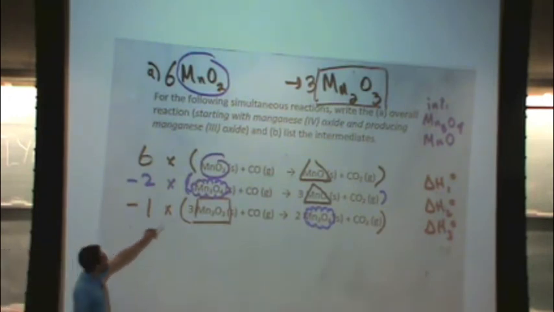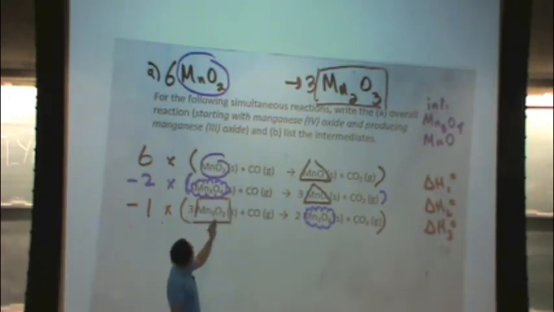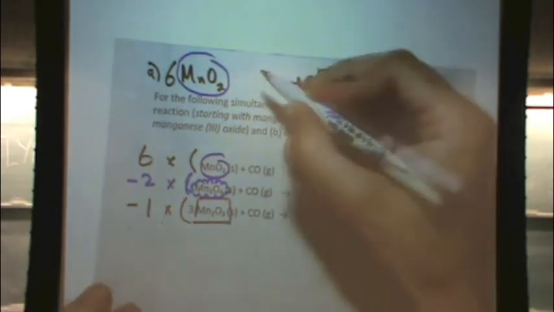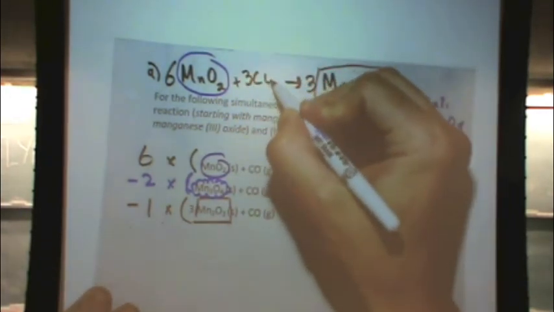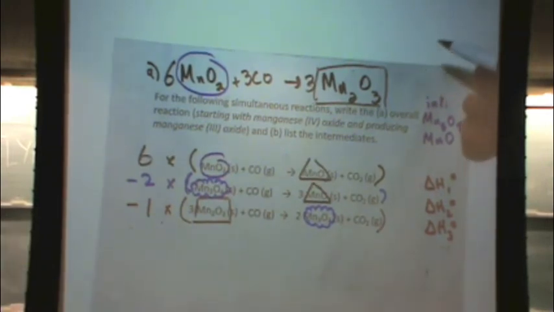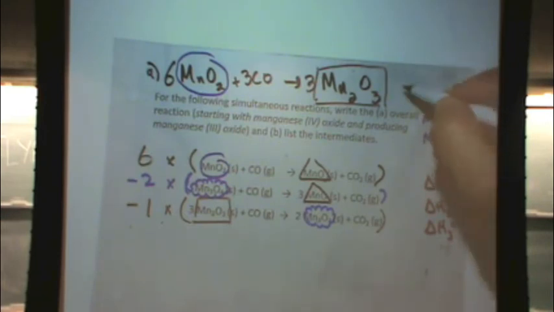Yeah, 6 minus 2 minus 1, so I'll have 3. Is that okay? All right, let's add those in. That's 3 CO. How many CO2s, if any, will I have? Also 3, 6 minus 2 minus 1. Did I say 3? Yeah.